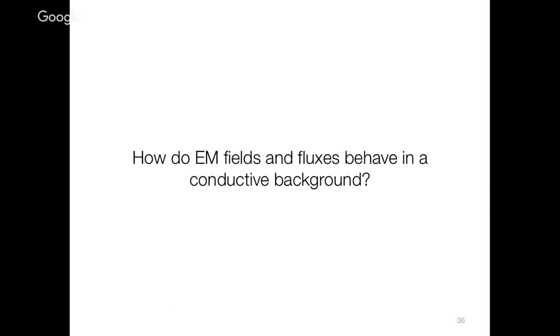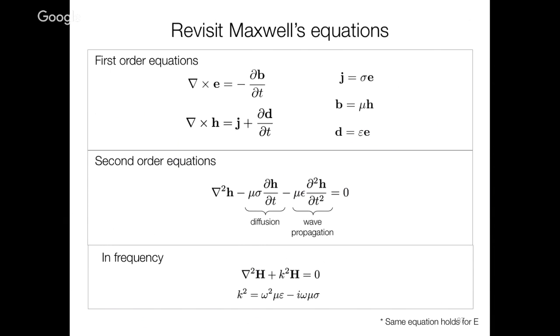So this raises the question: how do the EM fields and fluxes behave in a conductive medium? Let's go back and take a look at our equations. Our first order equations look like this, and we can combine them into a second order equation. It has three terms in here.